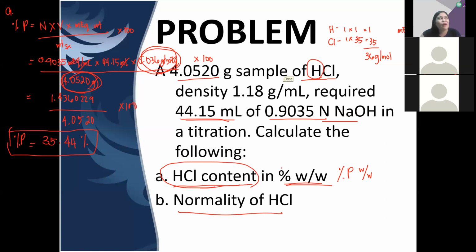Not all of the time will the one making the question use the term percent purity. When it says percent purity, it means how much of a certain active ingredient is in your chemical substance or your sample, or in the dosage formulation if this is a dosage formulation. So it may be called the content of that certain substance.